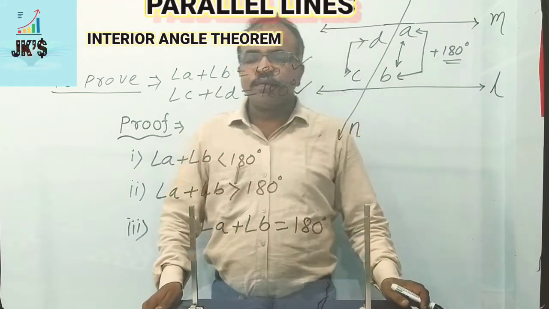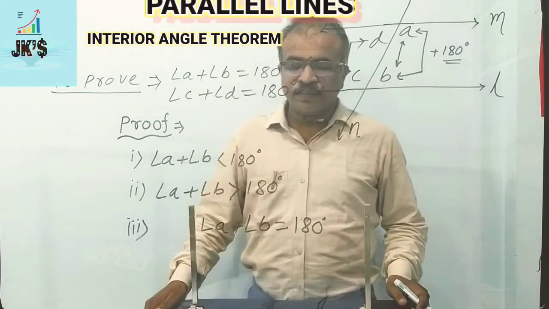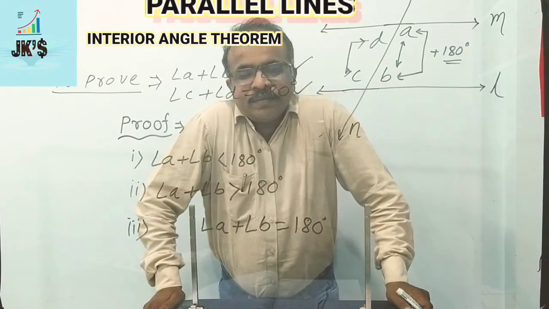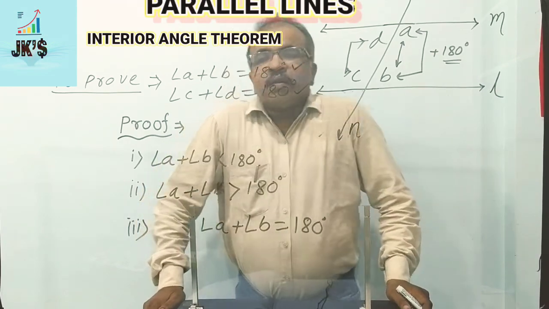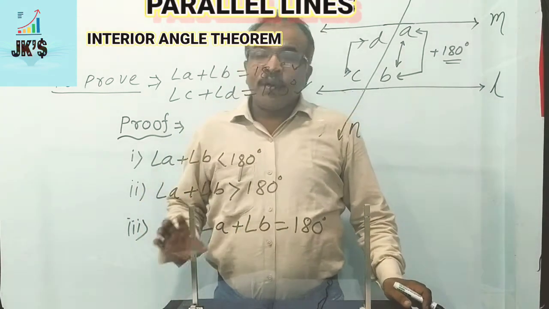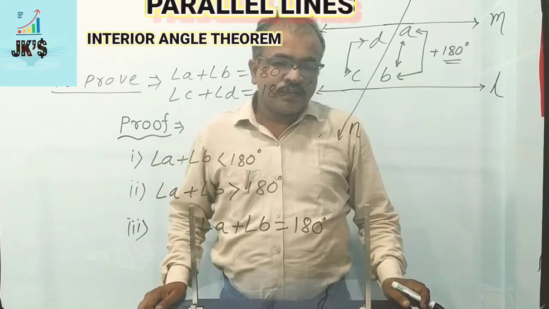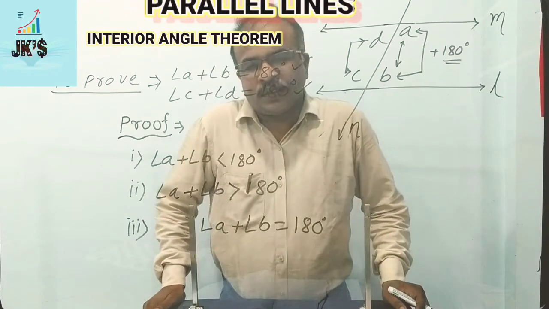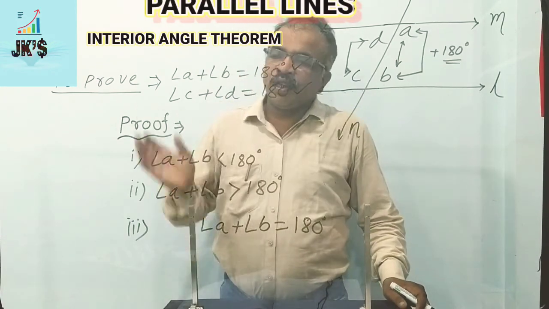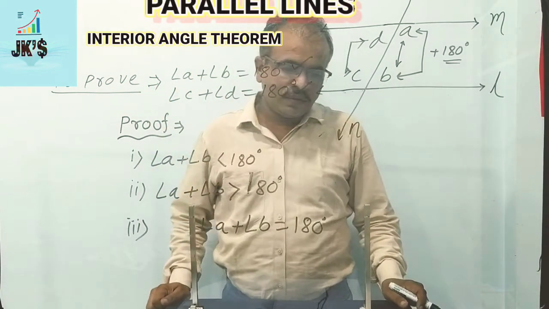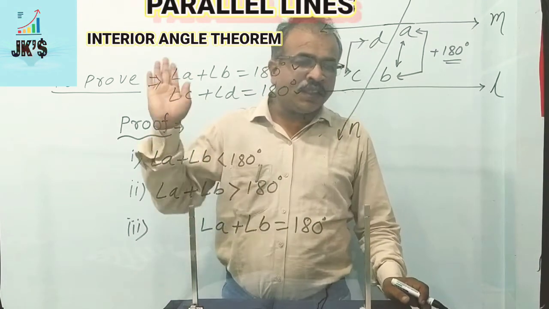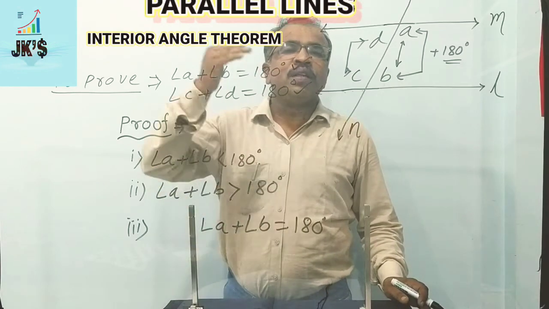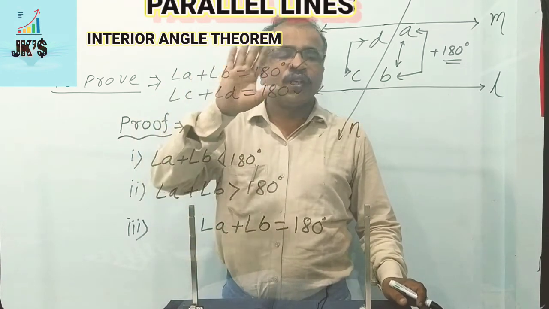So we use the indirect proof here. What is the indirect proof in short? The statement which we want to prove, we consider it as false. And then we prove that our consideration is wrong, hence the asked statement is correct.